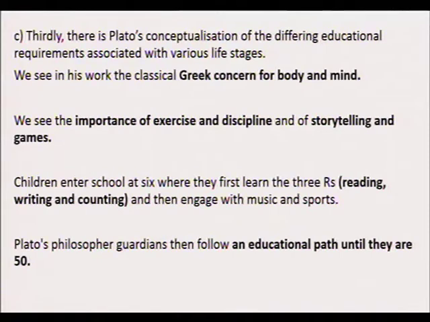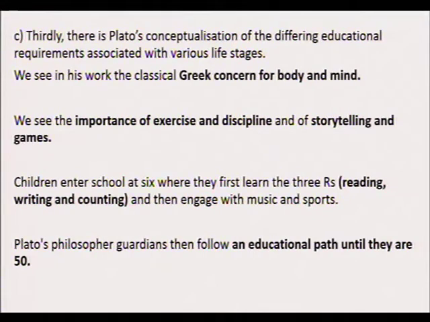Thirdly, there is Plato's conceptualization of the differing educational requirements associated with various life stages, which supports the Greek concern for body and mind. We also see here the importance of exercise and discipline, and also of storytelling and games. Children enter school at 6, where they first learn the 3 R's: reading, writing, and counting, and they then engage in music and sports.